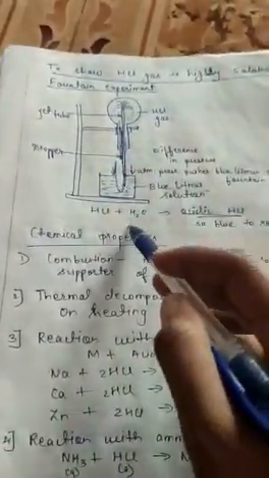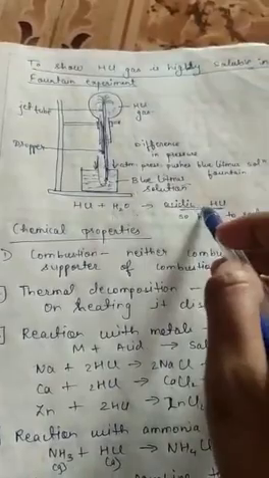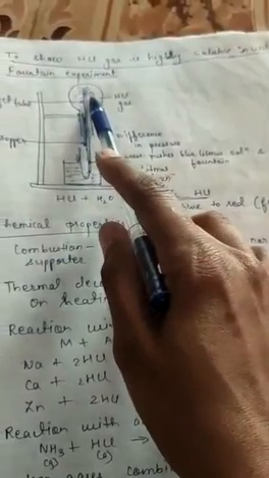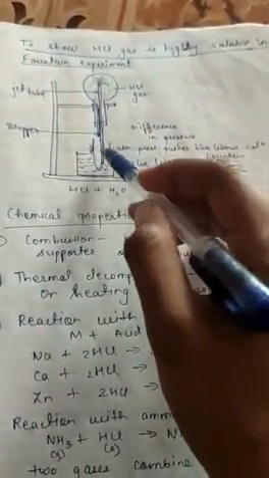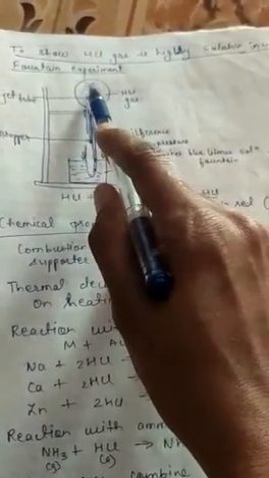Because when HCl reacts with water it forms acidic HCl, and this acidic HCl turns blue litmus to red, and therefore a red colored fountain is obtained. So due to the difference in pressure, the atmospheric pressure pushes the blue litmus solution into the jet tube. This rises up and we can see a red colored fountain.